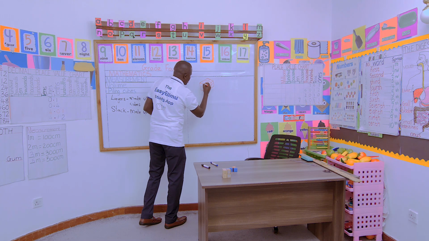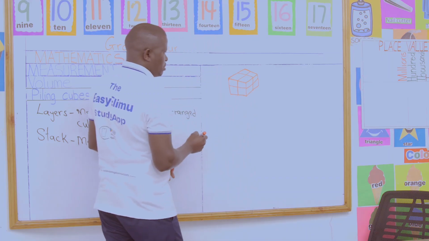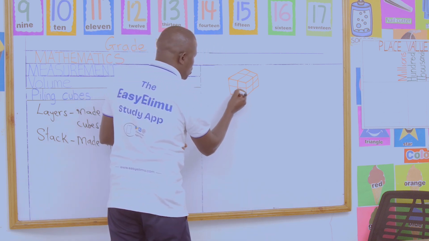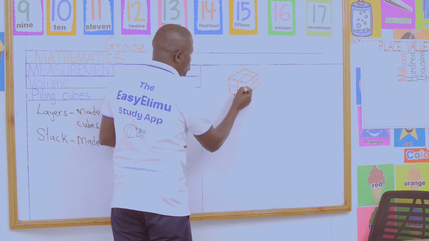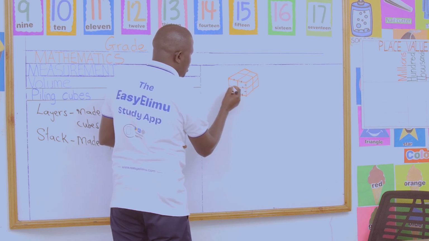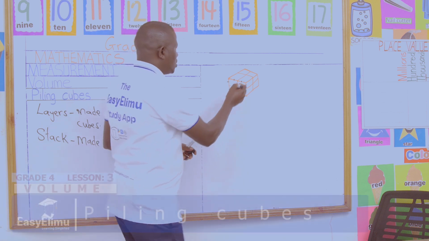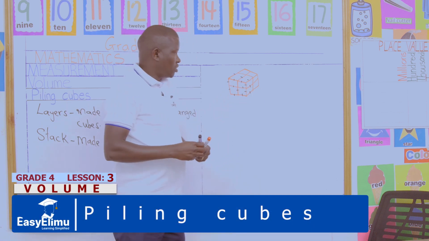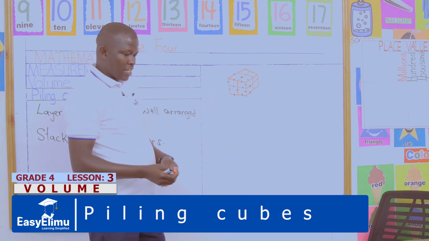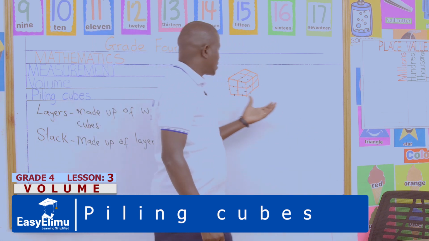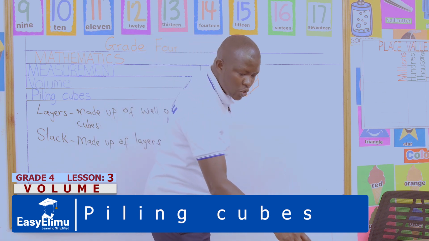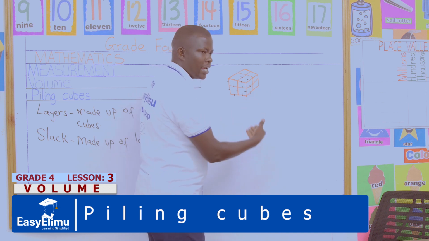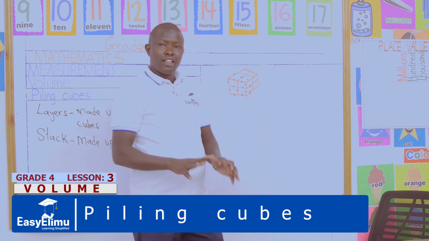And in between here, we had another line. Remember, they are squares. If they are cubes, all sides should be equal. This mark means all sides are equal. So this is the first stack. It is made up of how many? On top, we have 1, 2, 3, 4 squares. The bottom layer also has 4 squares. That is how we do it.